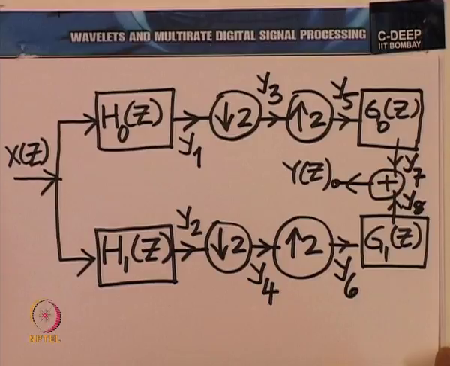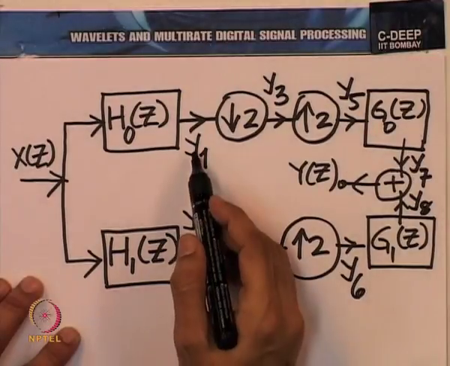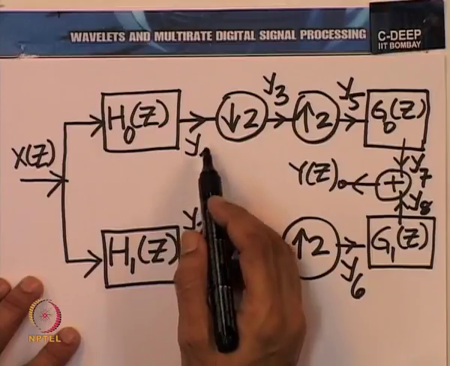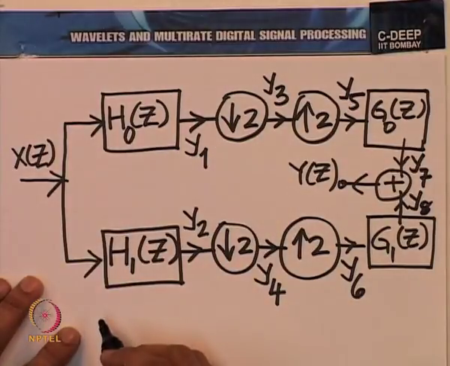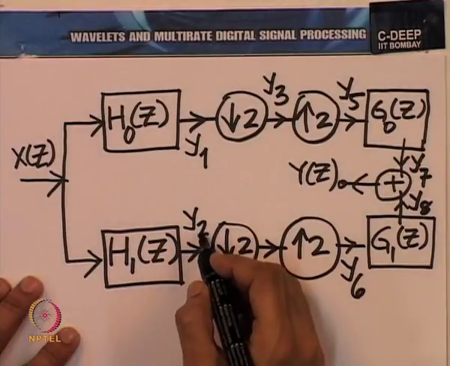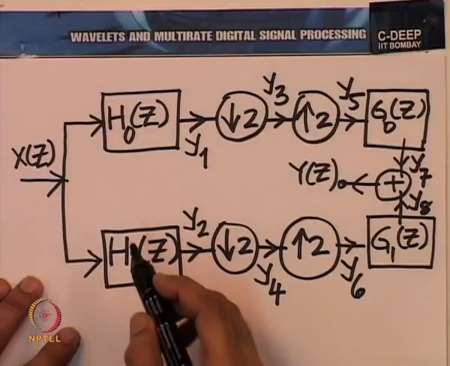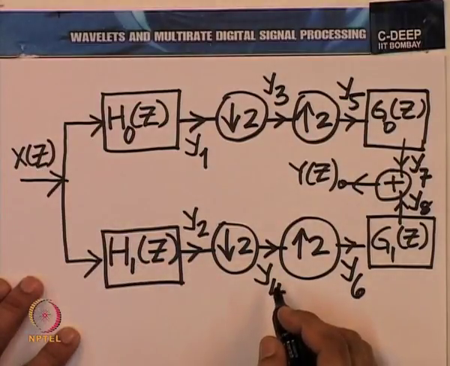So, with this then, let me write down the expressions for each of these. So, let us begin with y 1. Y 1 is easy and so is y 2. In fact, if we look at the Z domain relationships, y 1 z is simply x z times h 0 z. And similarly, y 2 z is simply x z times h 1 z.